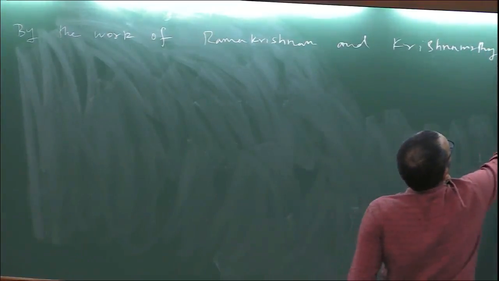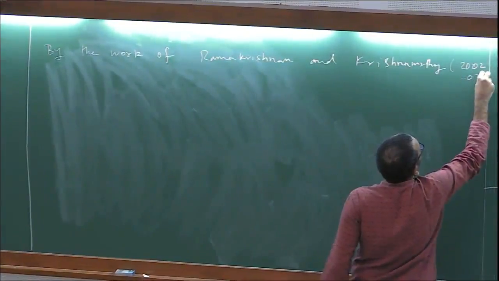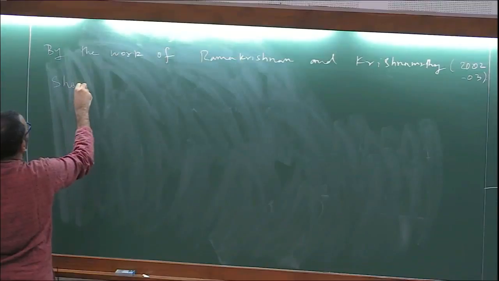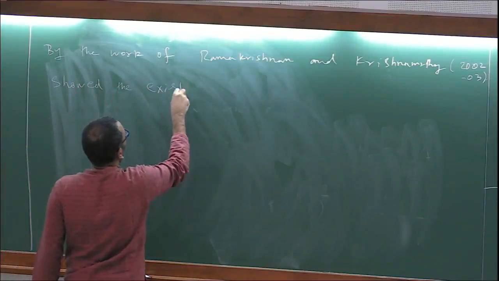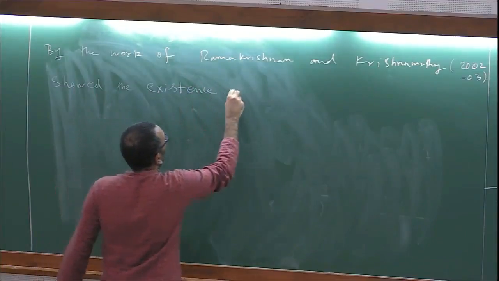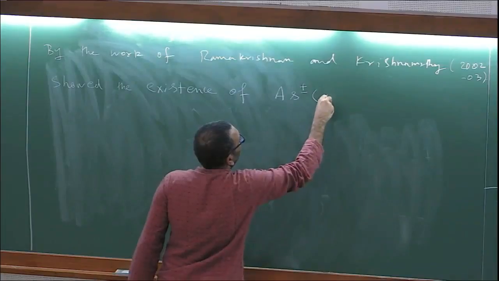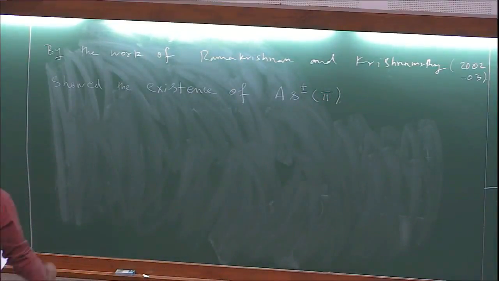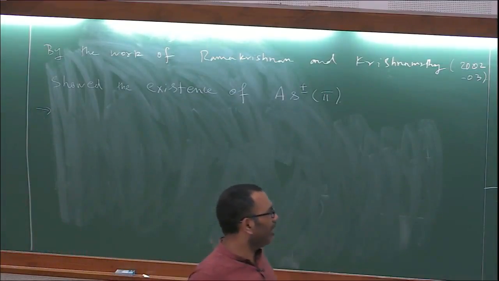This is around 2002 or 2003. They showed the existence of this Asai plus minus of pi. So this is the Langlands functoriality that we are interested in.